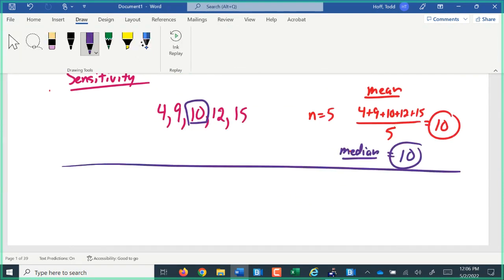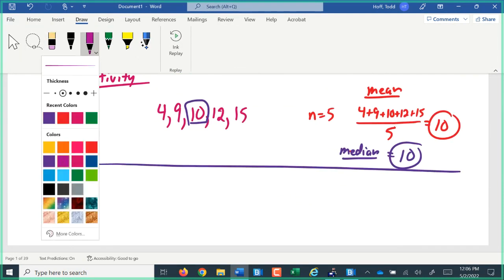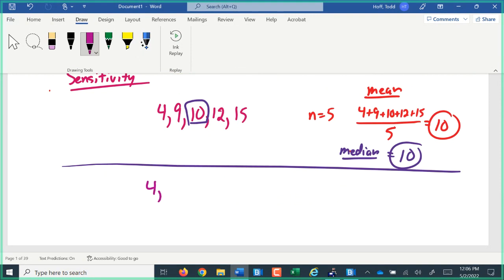But now if I alter this data set, and I'm going to add one number to it. The number I'm going to add to it is 70. Quite a bit larger than the other numbers.